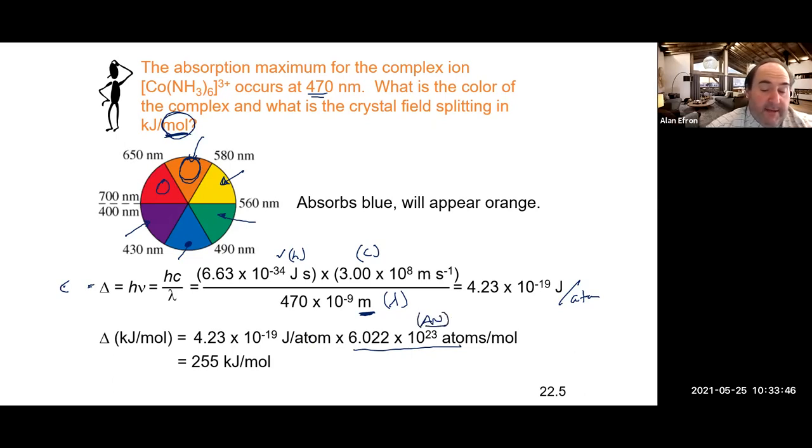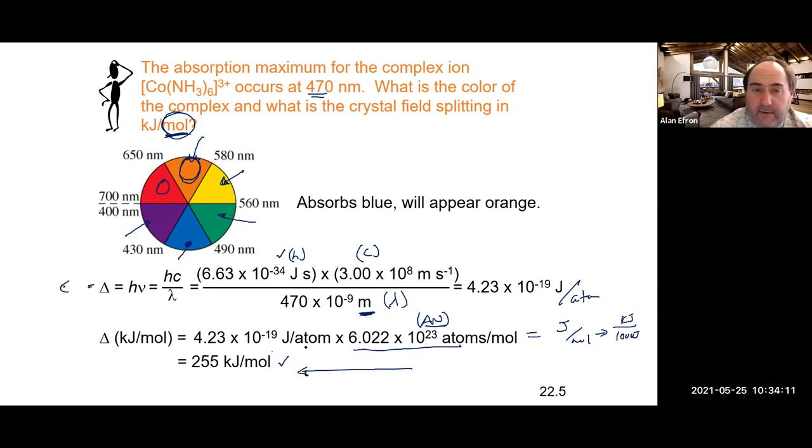Multiplying by Avogadro's number, and then converting to kilojoules, gives us 255 kilojoules per mole. So when we do this part of the conversion, we end up with joules per mole, and then just do 1,000 joules in a kilojoule to get down to here.